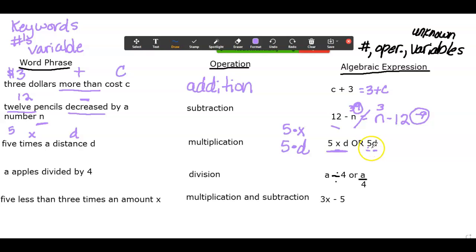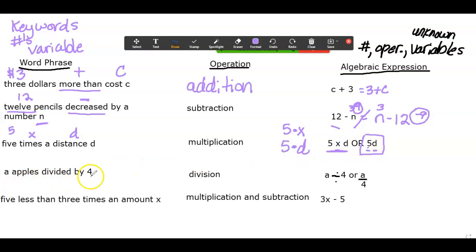If they are next to each other and there is no other operation symbol, it is always multiplication. If it's any of the other operations, addition, subtraction, or division, there will absolutely be a symbol. So anytime you see a number next to a variable, it always means to multiply.